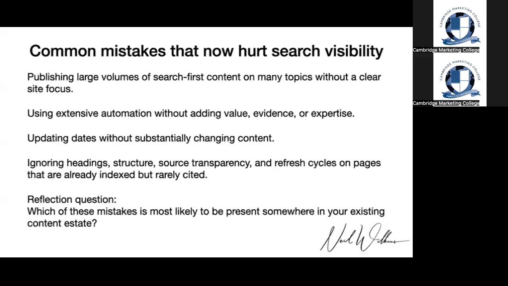Second point is using extensive automation without adding value, evidence, or expertise. For that one, I would say the biggest problem is that because it is so easy to do, people use AI-generated content without editing it, without co-creating the value that comes in the final draft, and just publish it. There are so many signals now.